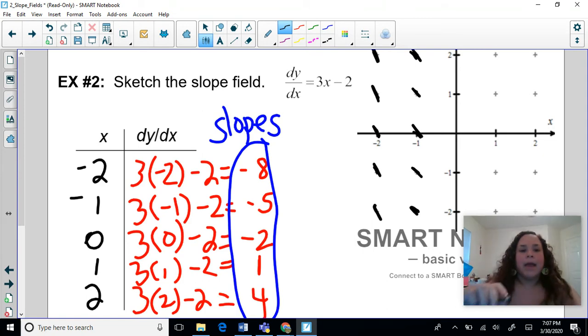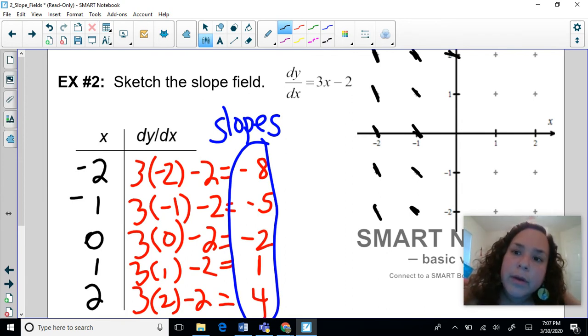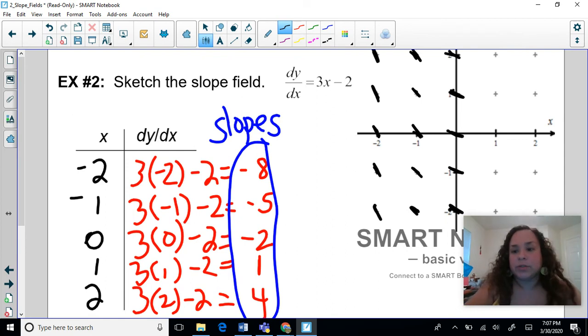Okay. At x equals 0, all of the slopes are -2. So again, it's still a negative slope, but it's a little less steep. You can do it like that. Now, this is just a sketch, so it doesn't have to be exact, right?